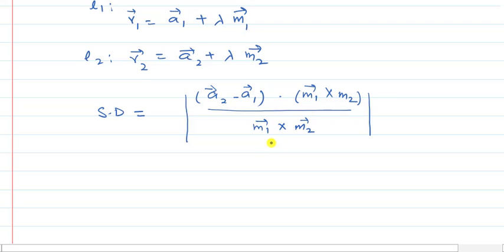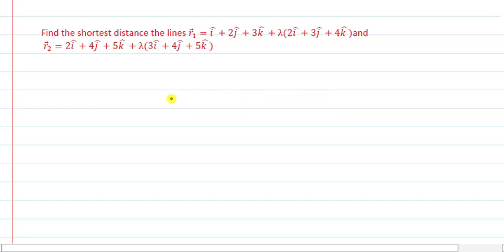For this, let me take one example. Let me take this problem: find the shortest distance between the lines R1 is equal to this one and R2 is equal to this one. You know very well that we need to identify A1, A2, M1, M2 to calculate the shortest distance. Here A1, the position vector of the point through which line 1 passes, is i cap plus 2j cap plus 3k cap.